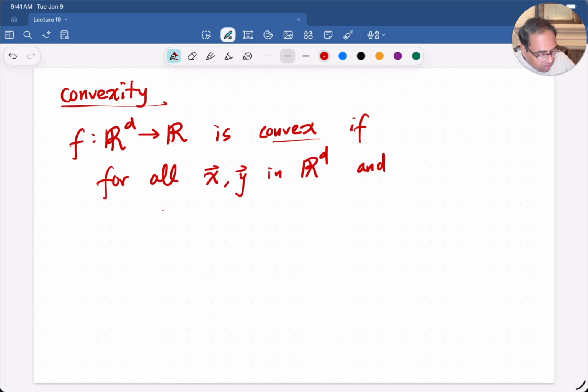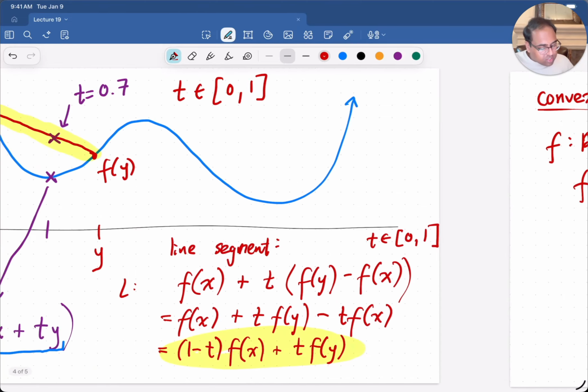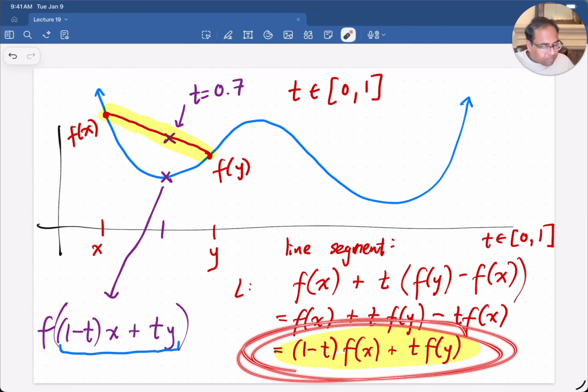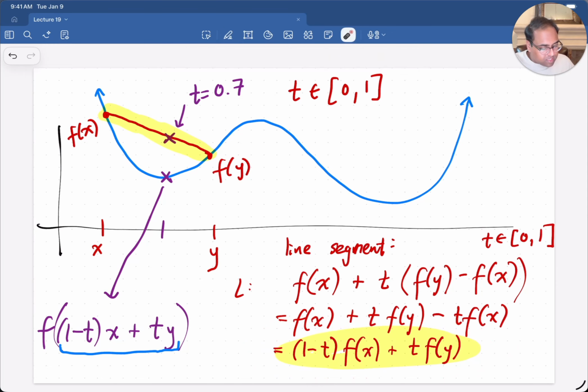and all t between 0 and 1, and I'll write it slightly differently just to give you another way of thinking about it. For all t between 0 and 1, the line segment is greater than or equal to the function. What expression on the previous slide described the line segment? It was this one, right? 1 minus t f of x plus t f of y.